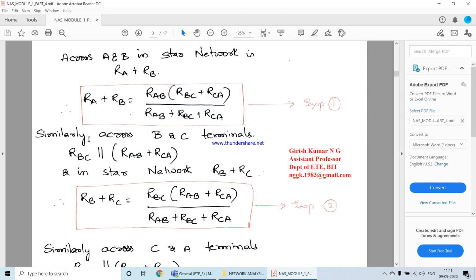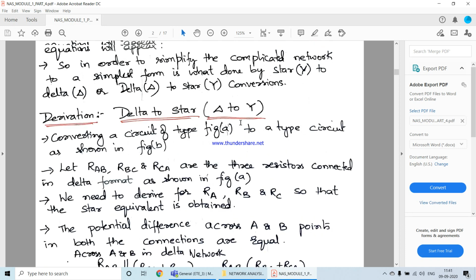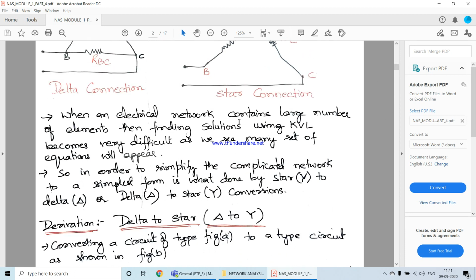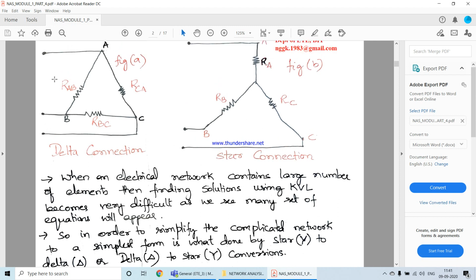Similarly, if you take across B and C terminals in both the delta and star networks, we'll go back to the diagram. Across B and C, the equivalent resistance would be RAB in series with RCA, and they in turn come in parallel with RBC.